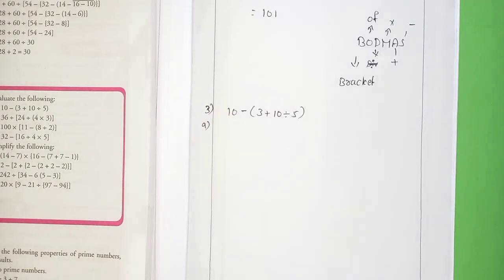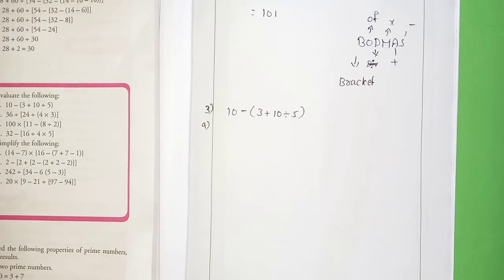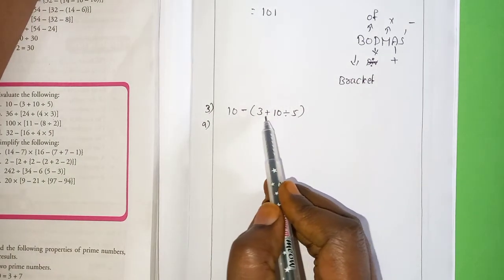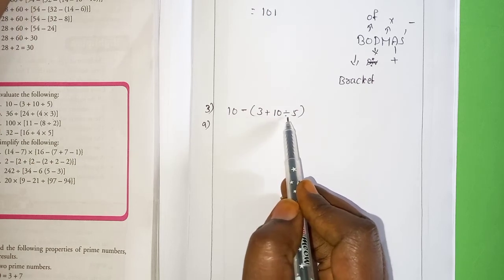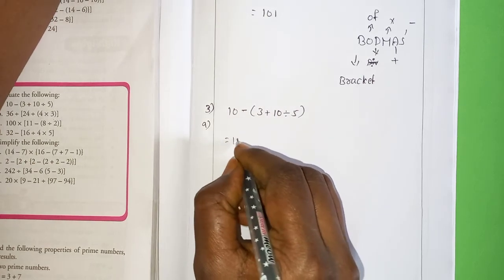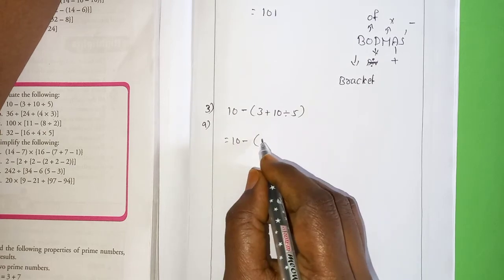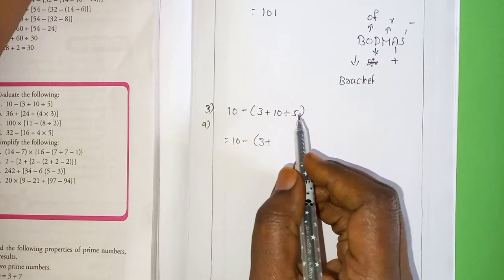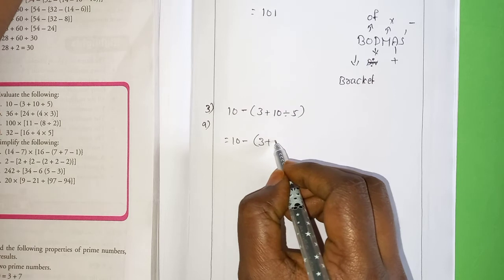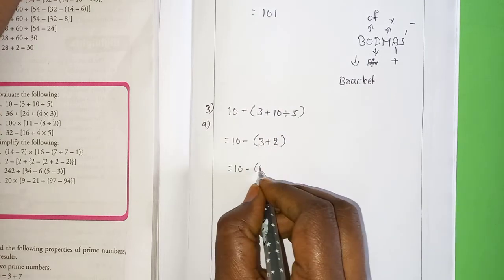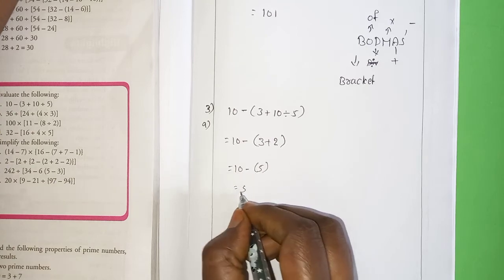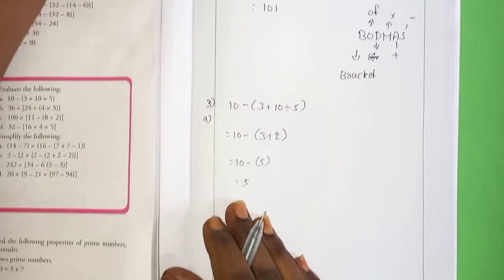If brackets are there, we have to calculate the bracket part first. Inside the bracket, again, addition and division both are there. So what do we have to do first? Division first. 10 divided by 5 means 2. 3 plus 2 is 5. 10 minus 5. The answer is 5.